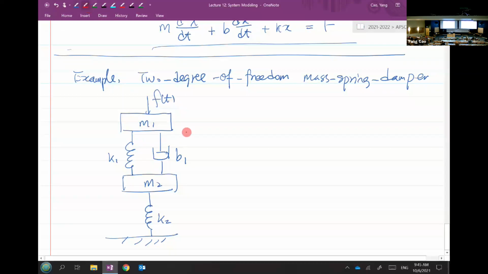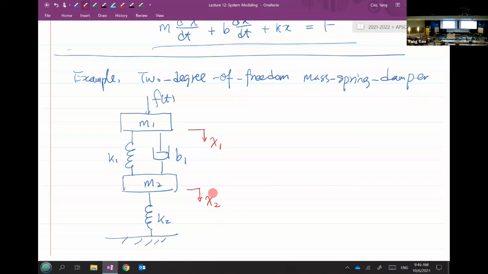Now in this system, you can have a displacement describing M1, and a displacement describing M2. So for the whole system, you've got 2 degrees of freedom, indicated by the 2 variables, X1 and X2.